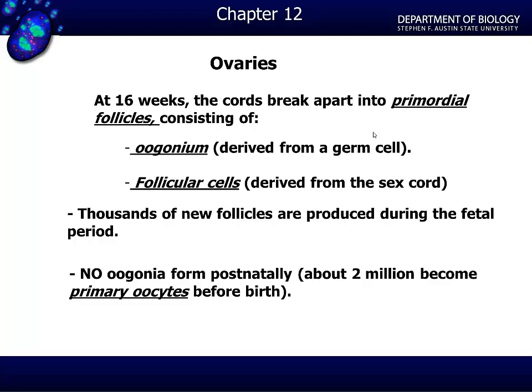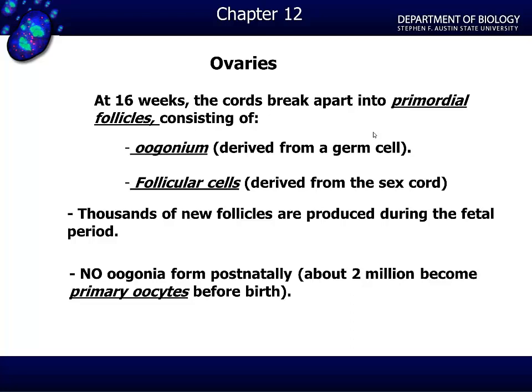So oogonia are going to be a part of what we consider to be the primordial follicles that are present in these ovaries. This is going to lead to the development of the egg, the oocyte, but they're going to be supported by follicular cells. They're surrounded by them. These cells will continue to proliferate and grow, and we can talk about ovulation and the process by which that maturation happens, but again, we do that in our histology course.